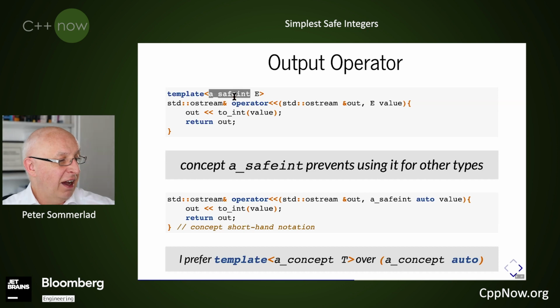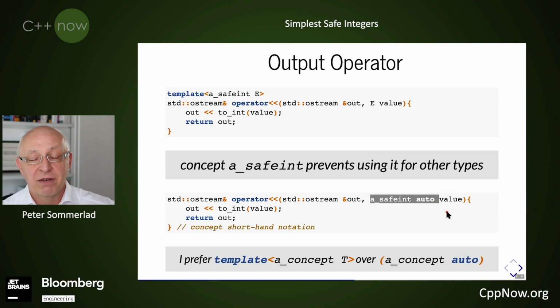Now, this is how I prefer to spell concepts today, as constrained functions, to show, okay, it's a template function, and you can do that in a shorthand notation by using the concept name and auto as the parameter type, which is kind of convenient and might not scare away new programmers who are afraid of templates.